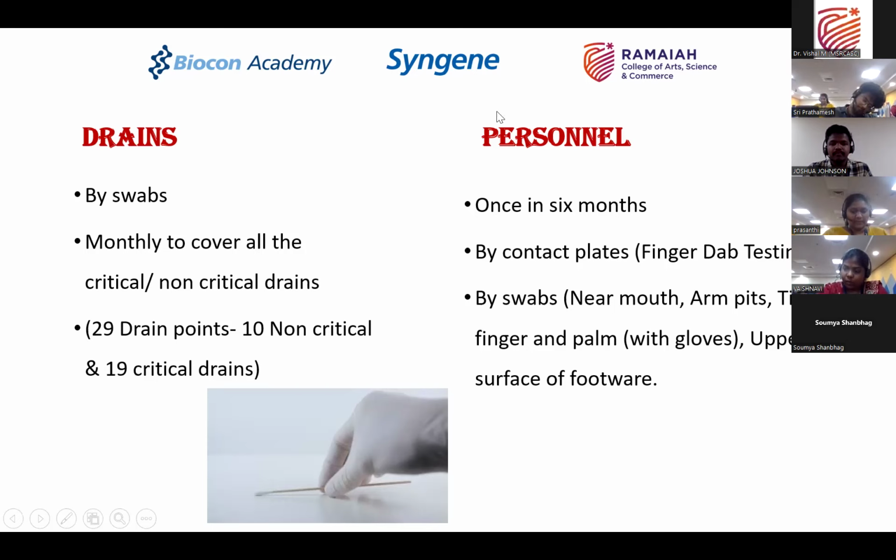So these are the 4 specimens which are collected and used for monitoring.